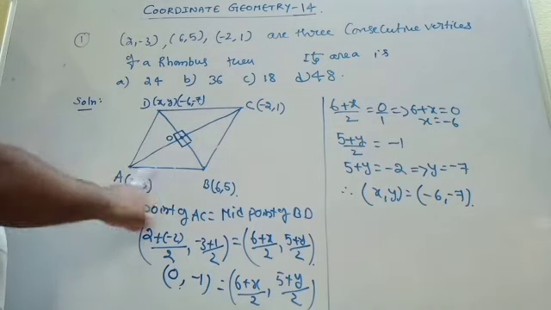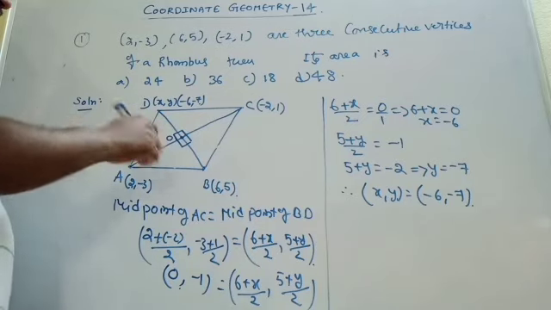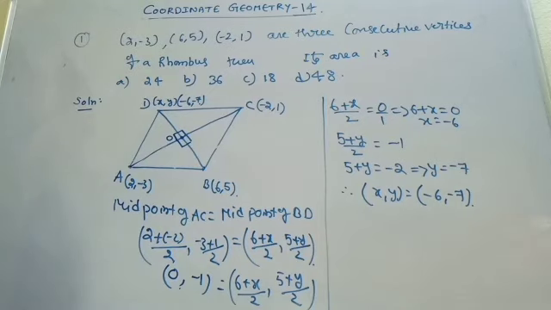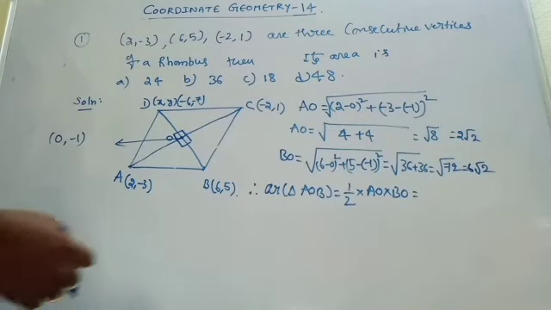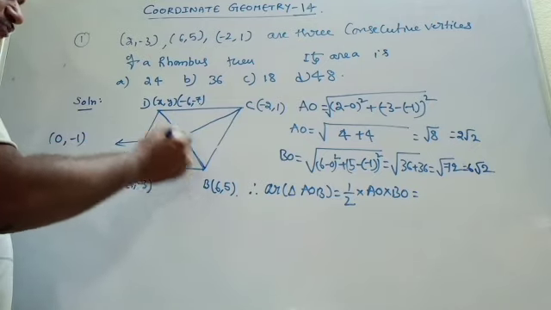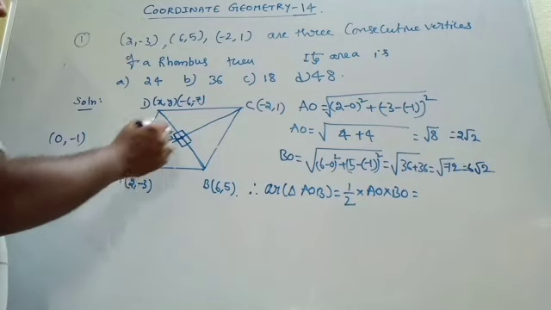We need to find the area of triangle AOB, which is a right angle triangle, and we multiply with 4, then we will get the area of the rhombus. In the right angle triangle AOB, let us find AO and BO.